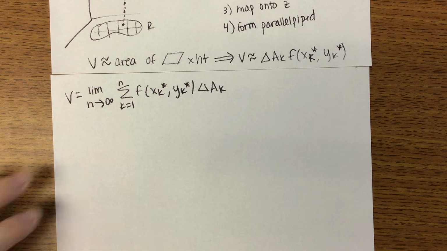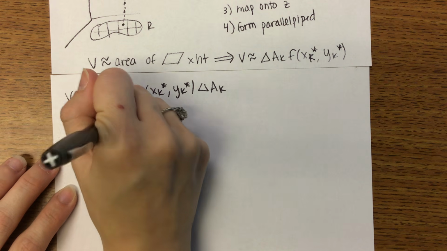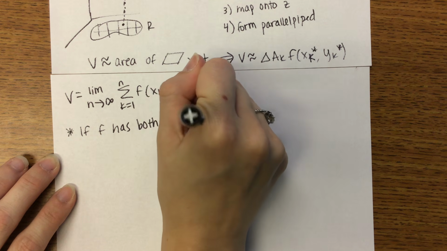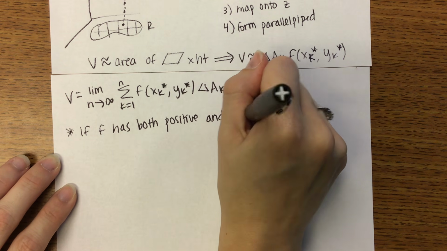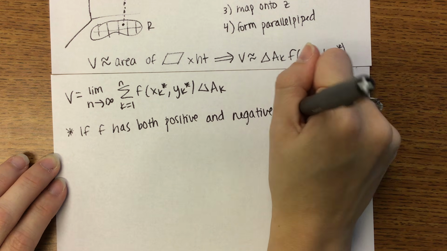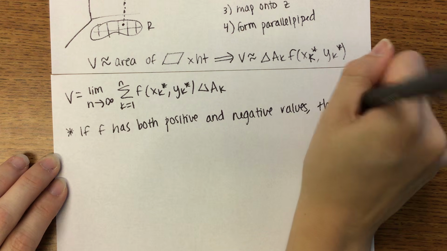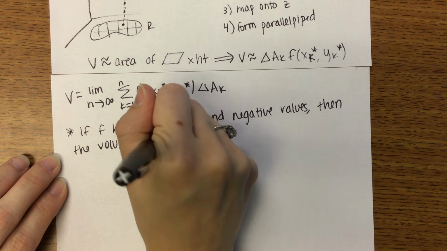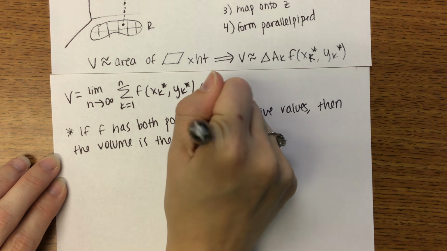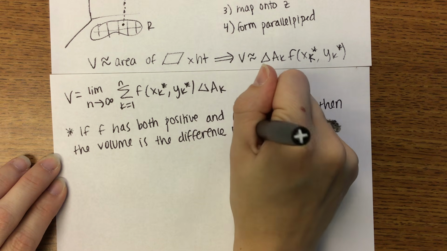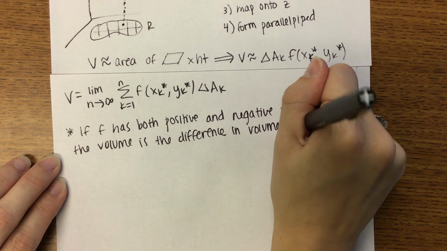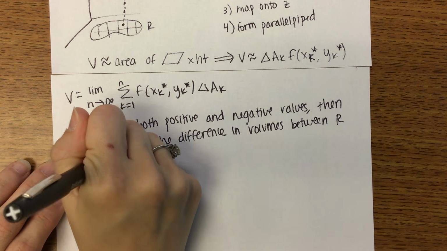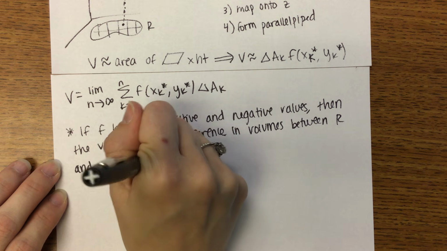Okay, one thing to know, if f has both positive and negative values, then the volume is the difference in volumes between the parts of the surface below and above the xy plane.